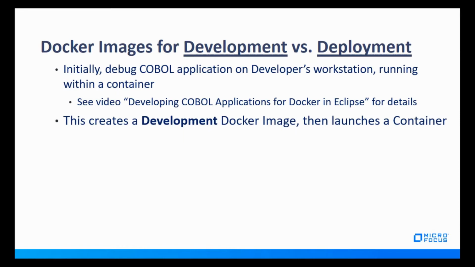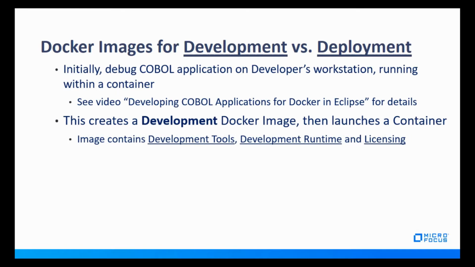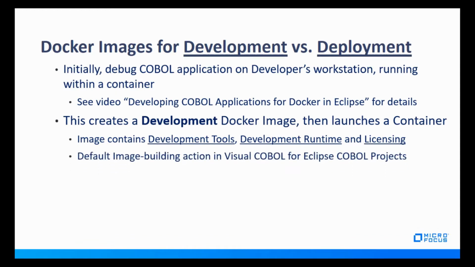When the debugger is launched in this mode, behind the scenes, a development Docker image is built on the fly. This development Docker image contains the tools, runtime, and licensing to allow local developer testing within a container. This is the default image type created for a project in the IDE.